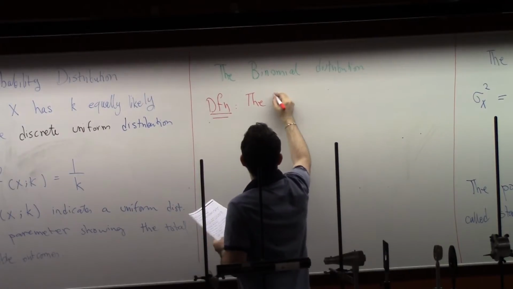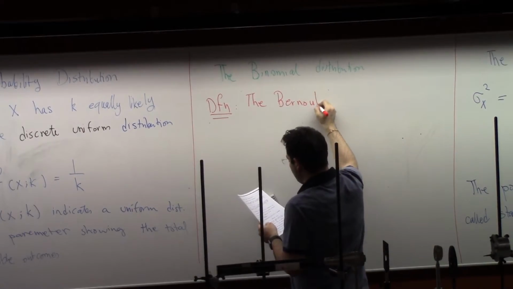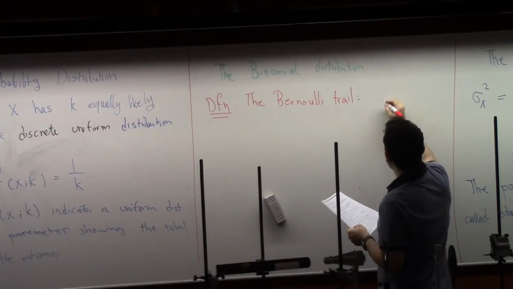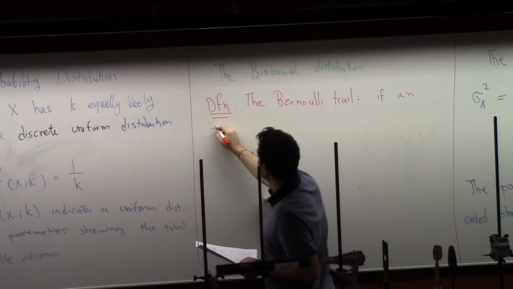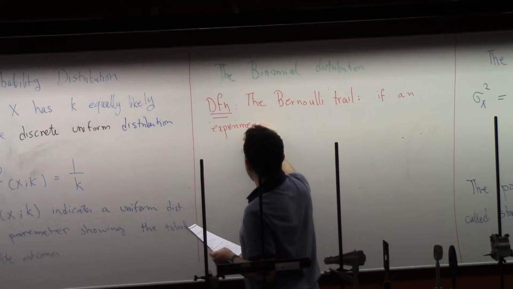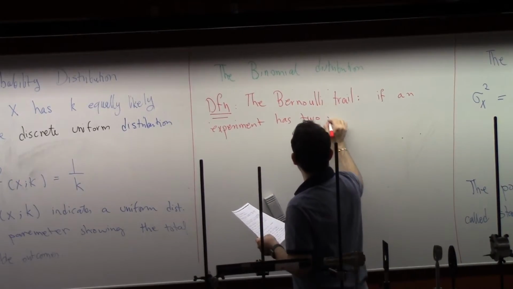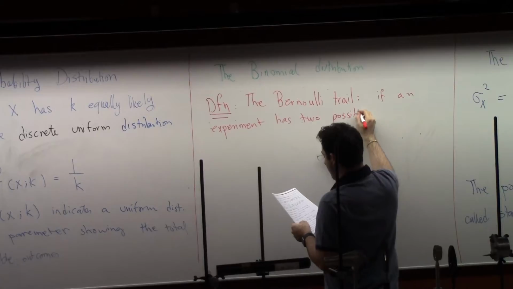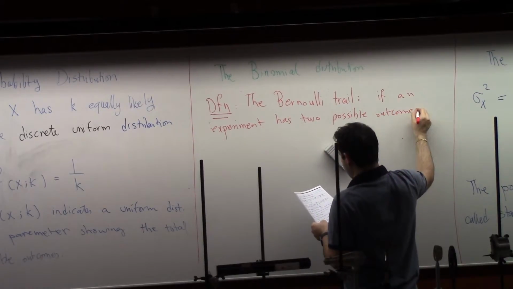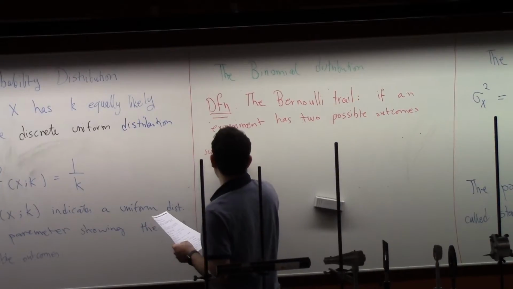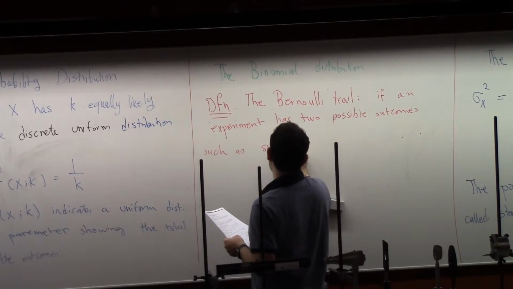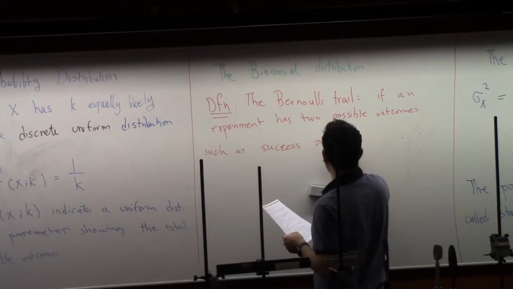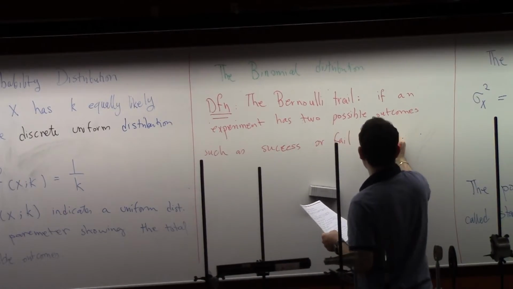The Bernoulli trail, the definition is that if an experiment has two possible outcomes, such as success and or fail, it is called Bernoulli trail.